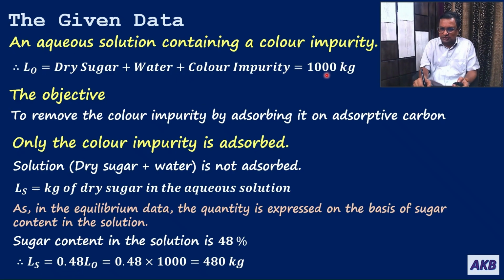L0 is 1000, and 48% of this 1000 kg is the kg of dry sugar, which is nothing but LS. Therefore, LS equals 0.48 into 1000, that is 480 kg.